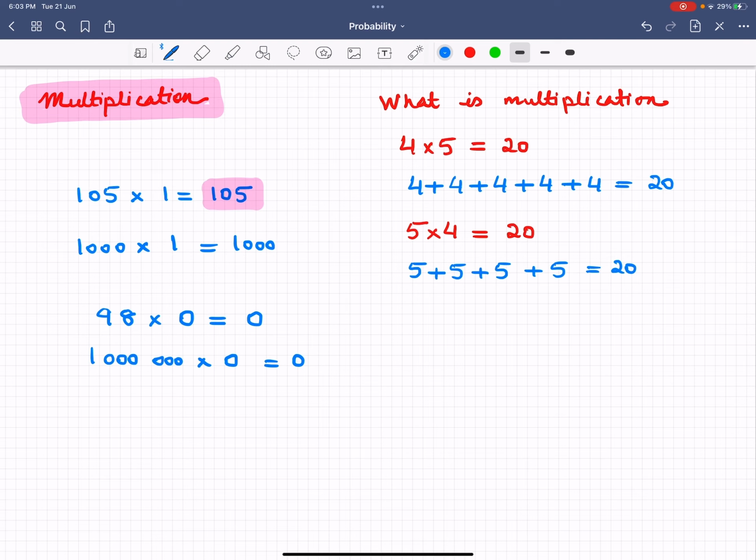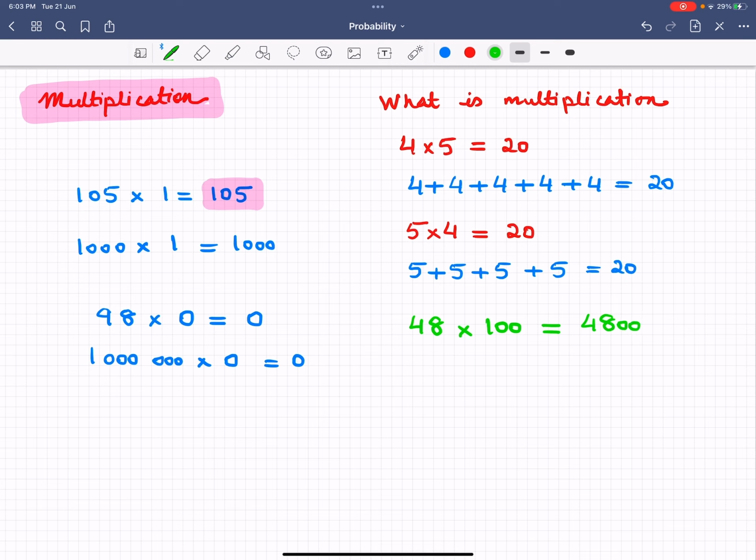The next rule is multiplication by multiples of 10. If we have a number, for example 48, and we have to multiply it by a multiple of 10, which is 100, we can straight away write our answer by adding 2 zeros.